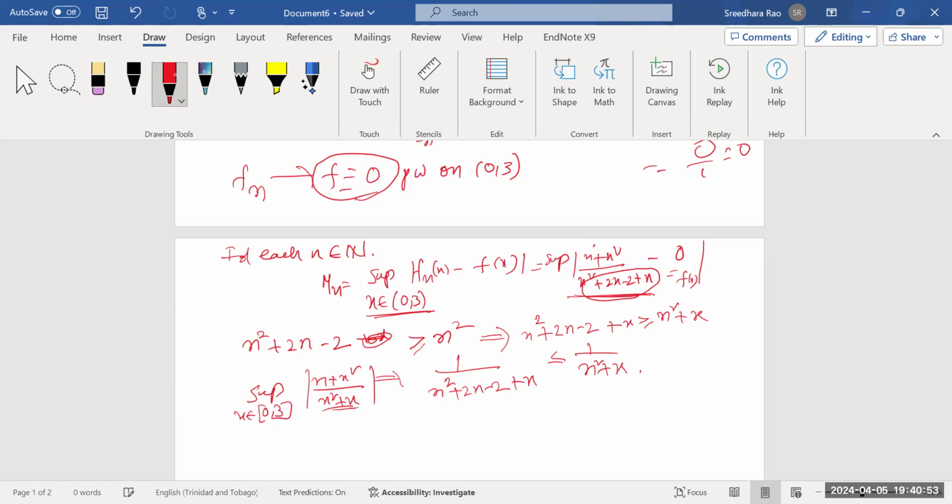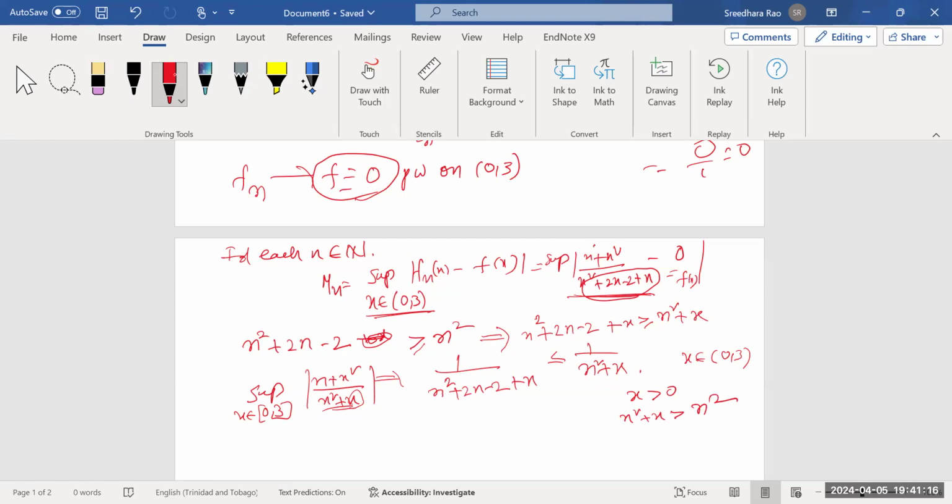Again, we need to reduce the x, isn't it? What is x? x is greater than 0, because x belongs to 0 comma 3. So n square plus x is greater than n square.